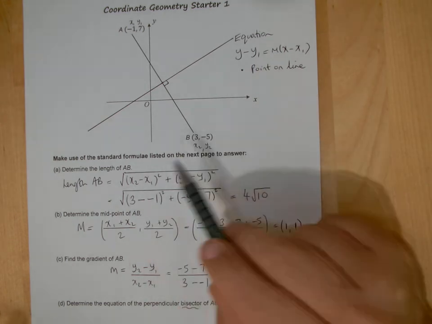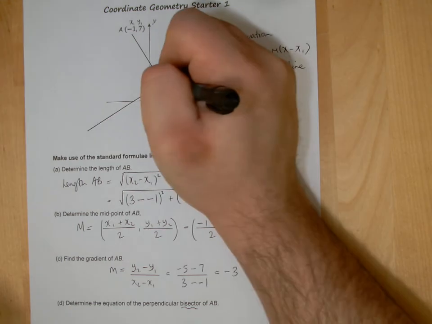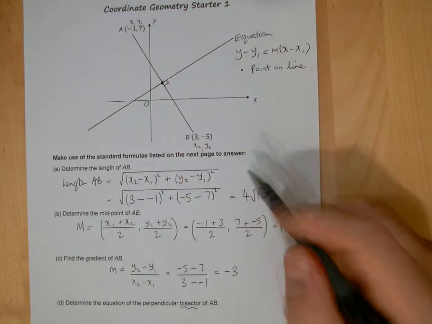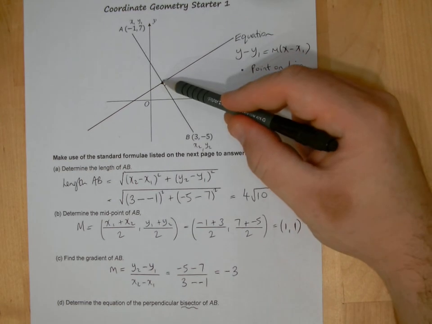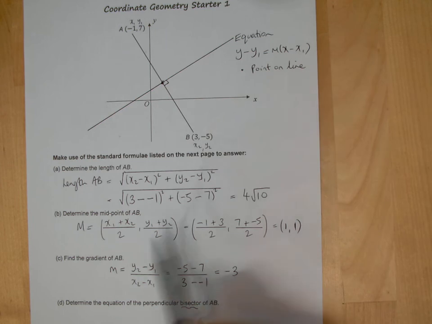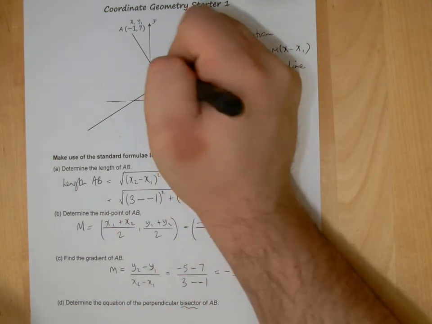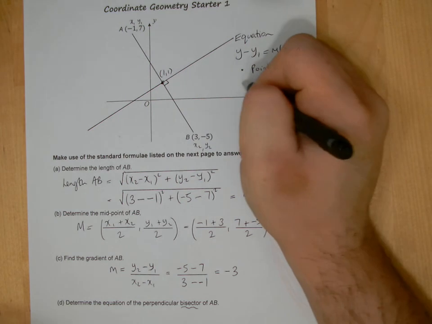Now think, have we already got a point on that line? Of course, we've got this point here, because that point there, remember, is the midpoint of AB. We've already worked that out. 1, 1.